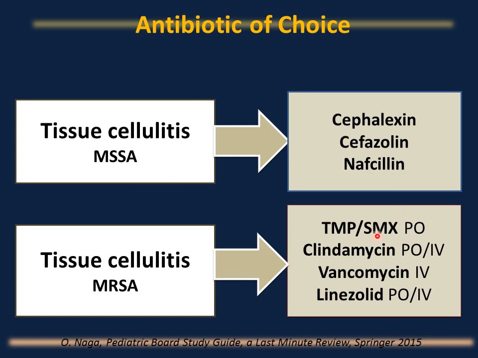This is generic, widely available. Clindamycin is PO and IV also. Vancomycin in severe cases in the hospital. Linezolid also is available in PO and IV, and is a very strong medicine for MRSA.